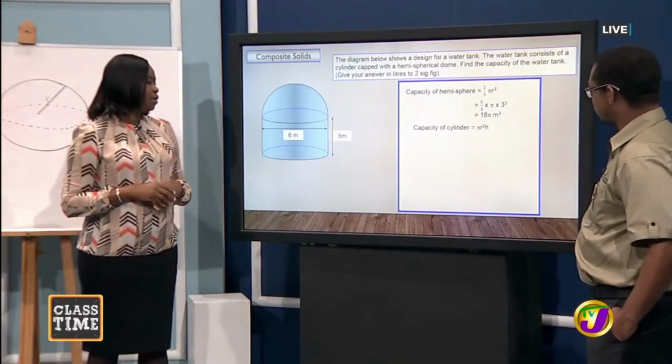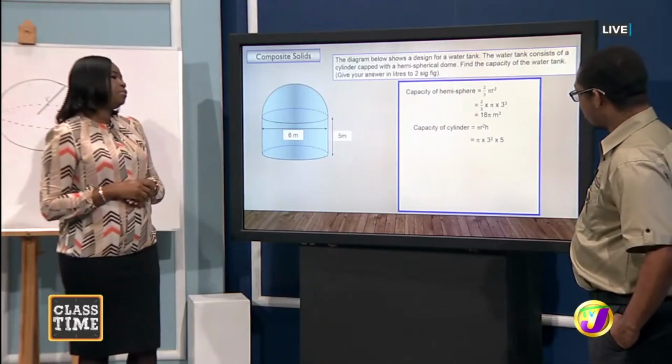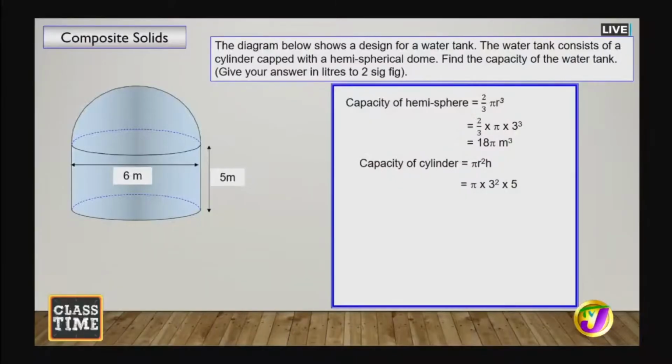Let's look at the cylinder. We're also using the same radius for the cylinder. So it is going to be 45 pi cubic meters.